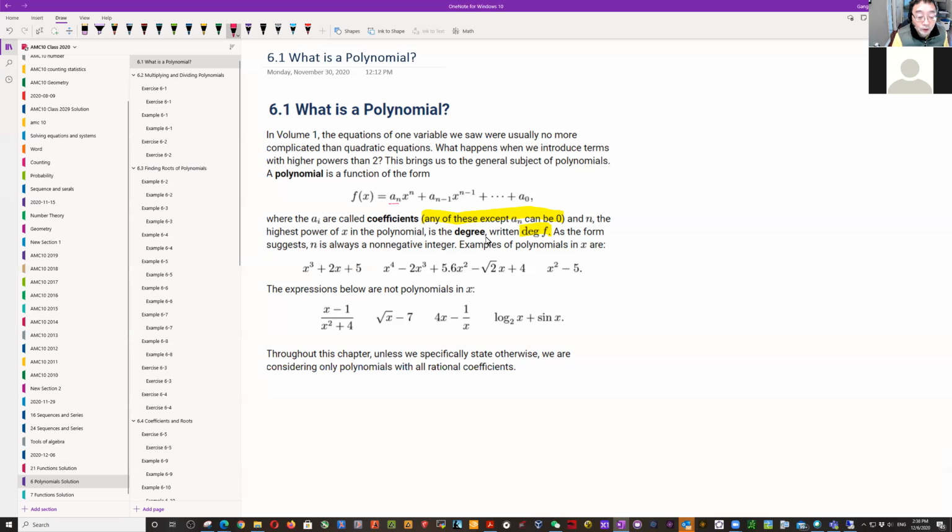This is the leading term. Except for the leading term, every coefficient can be 0. If you have a polynomial, the leading term must be non-zero. Let's check some examples.